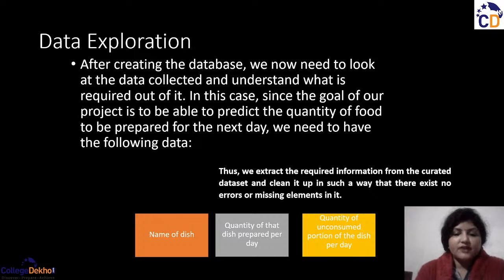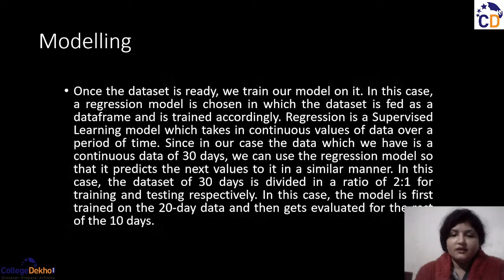Right, now you have analyzed these are the 3 factors which are directly affecting your problem. Once the data is ready, we train our model. So in our modeling phase, we are training our model with the help of data.